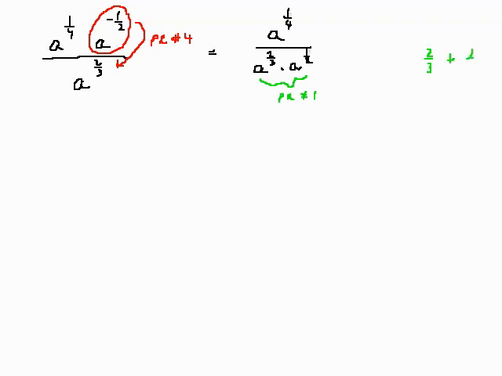So 2/3 plus 1/2 would be a common denominator of 6, and we would end up with 4/6 plus 3/6, changing these to common denominators. So our next step would be to combine those a's in the denominator and get a to the 7/6 power.